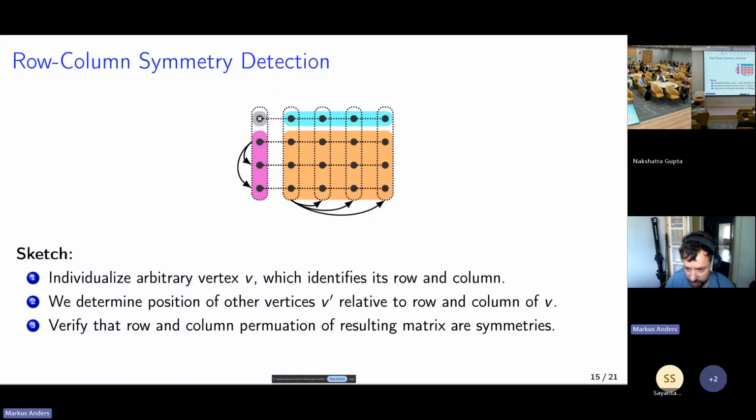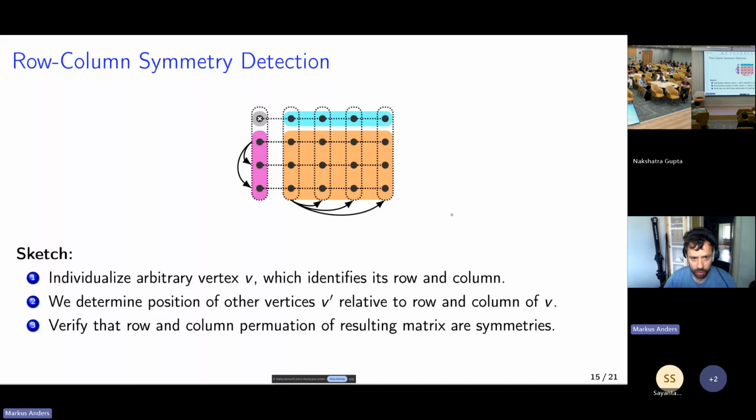So we first collect this first row and column, and then we use further stabilizations to identify, oh, this variable is in the row of this blue vertex and in the column of this other purple vertex. And this is just consecutive stabilizations that we use for this.